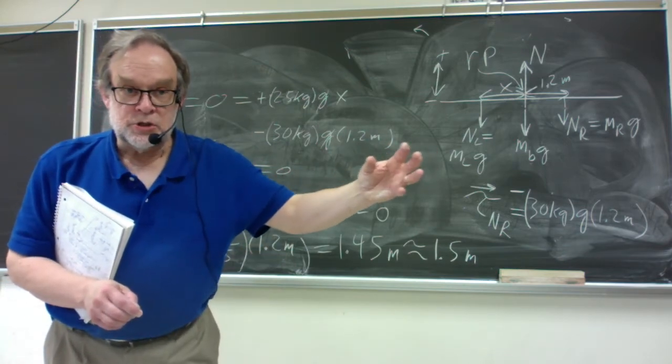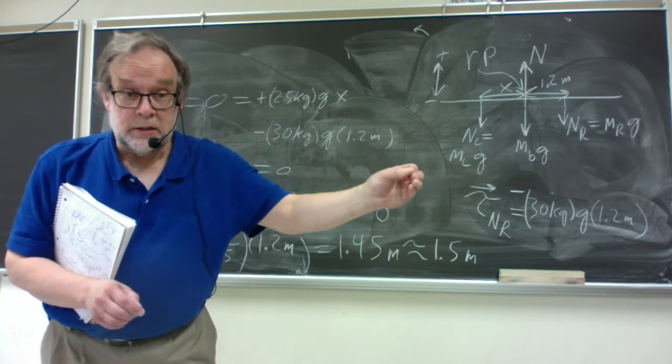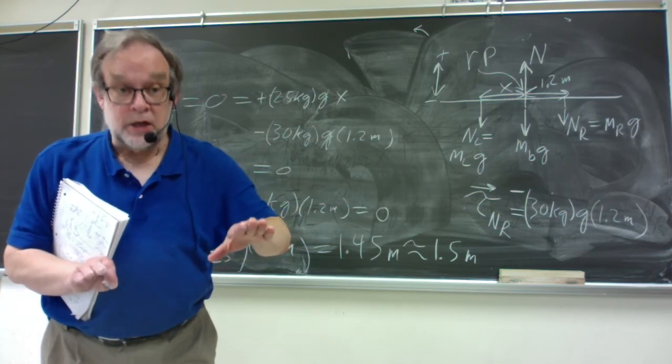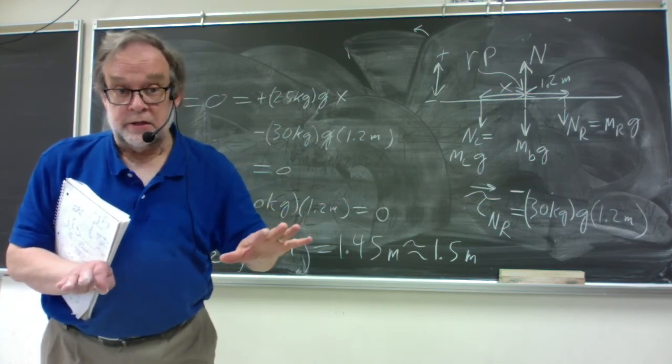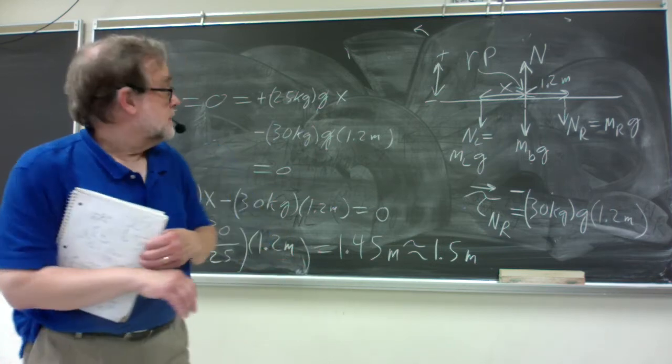The smaller mass, the smaller kid, had to be farther from the balance point than the big kid in order to make things balance. That's because when you're balancing things, putting things in equilibrium, you have to balance the torques.